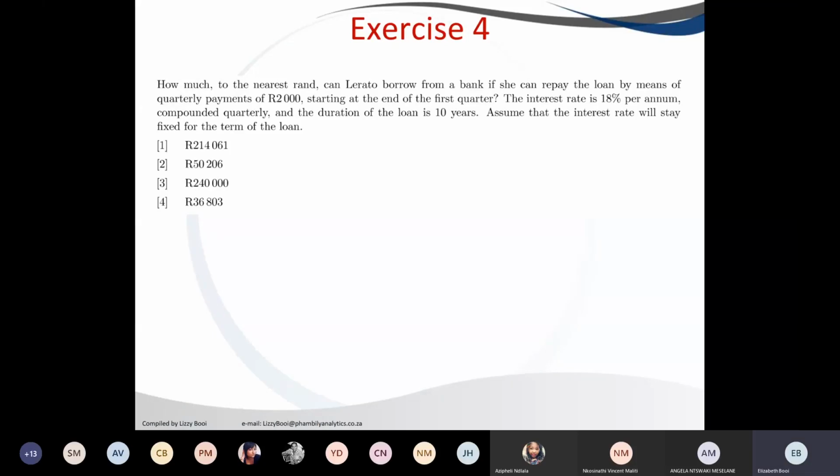Kosinati and Sagita say it is present value. And yes, because that's how much she can borrow. It means when the bank gives it to her, that will be your present value.